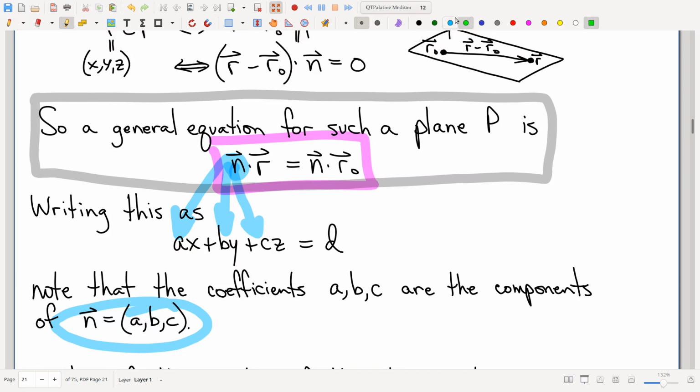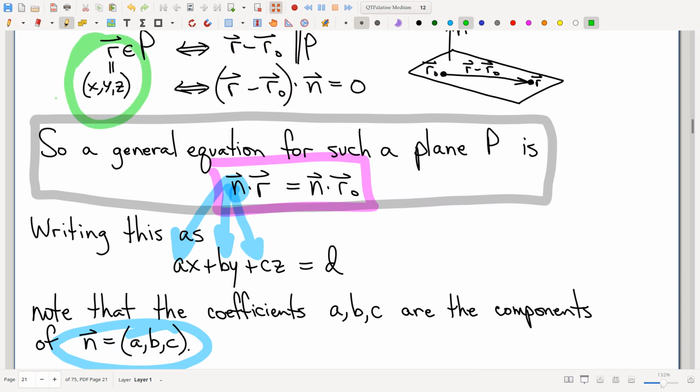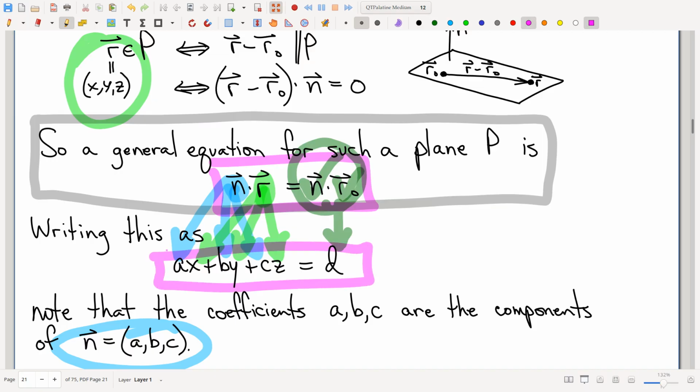Keep in mind that x comma y comma z is what r is, the point you're testing. So you can just crank out that dot product and you get ax plus by plus cz. On the right-hand side, both of these were given, so they are known, and when you dot them, you're going to get some number, let's call it d. So this is an equivalent formulation.